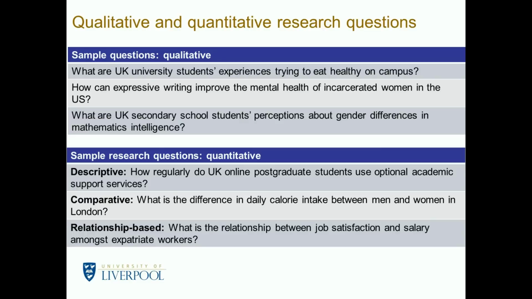What is the relationship between job satisfaction and salary amongst expatriate workers? And so, as I say, the way in which we articulate our question identifies our approach, okay, and the subcategories within the paradigms of which we see here in terms of qualitative and quantitative.